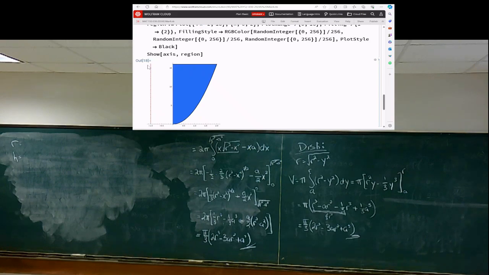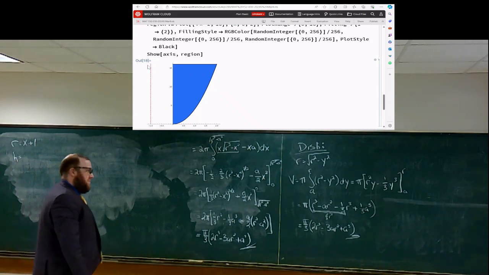Going to use the shell method. We need a radius, we need a height. Radius is what? Is it x plus 1? Because of the minus 1 instead of being at the axis.